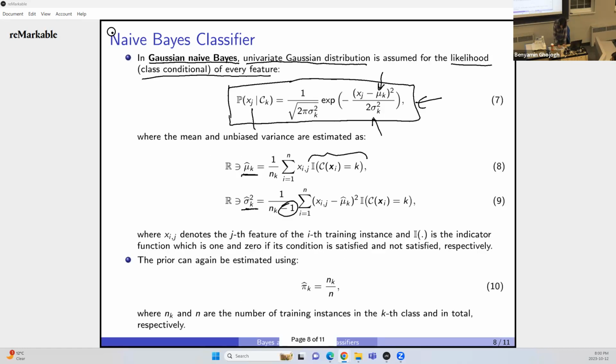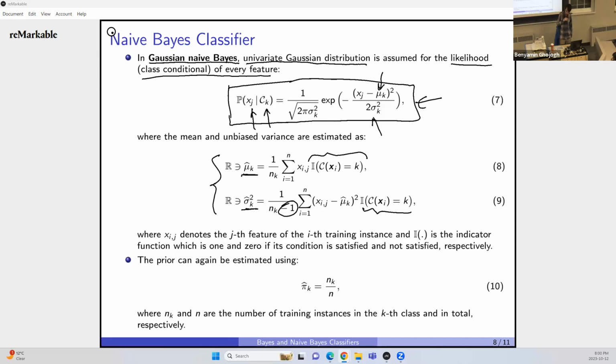So we can iterate over j and also over k. Here, I'm saying to consider it for the kth class. I can calculate the mean and variance for the kth class. These indicator functions mean that we only consider the points in that class.